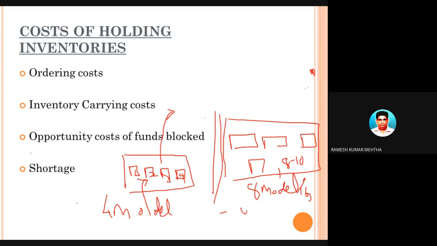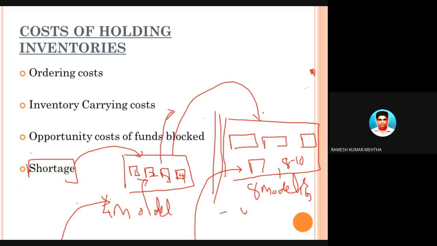Because of this, the customer is not satisfied here and says, okay, let's visit that showroom and see the different models. So because of shortage, you are losing a customer. There was a shortage of models, and that's the reason the customer is moving to the other place.